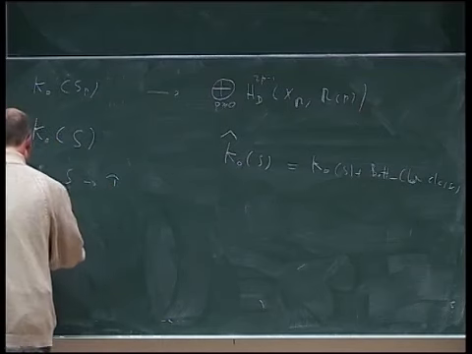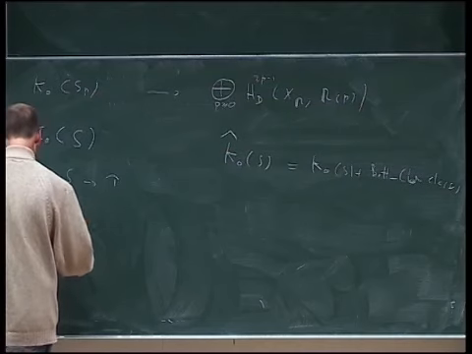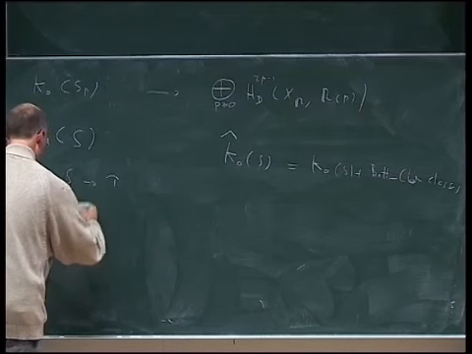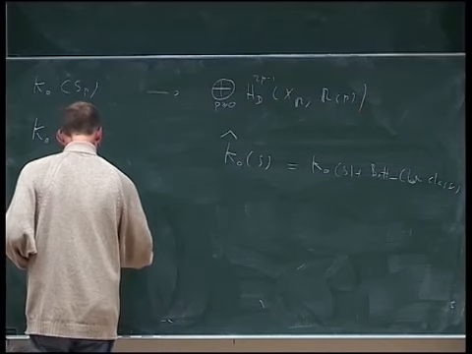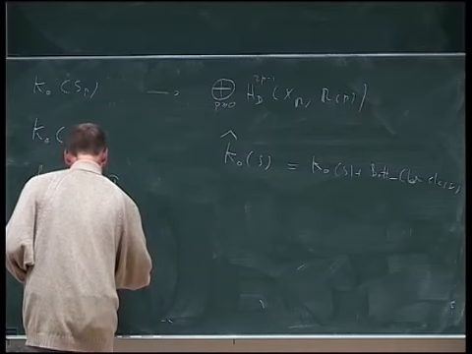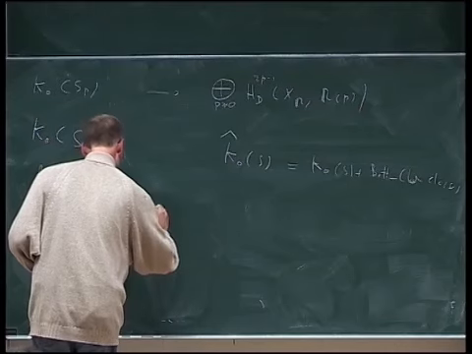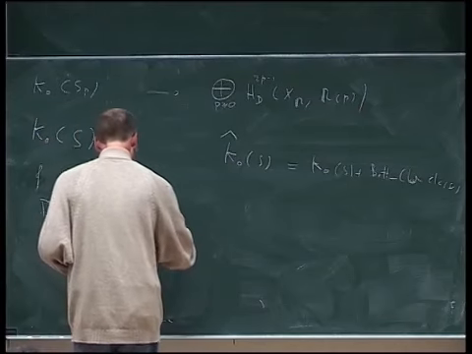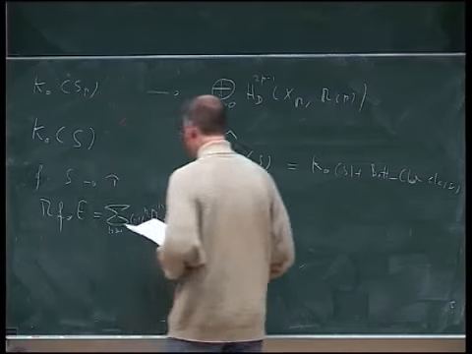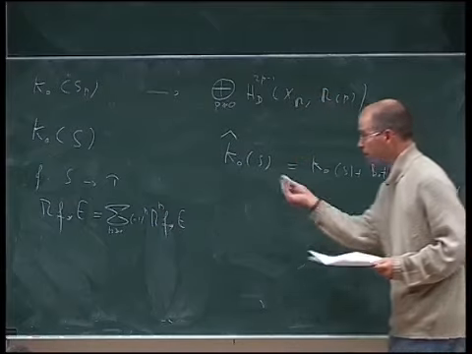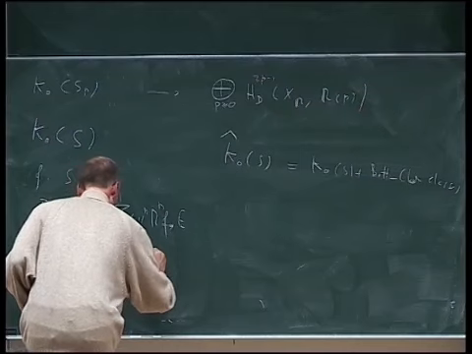Then you have the relative Euler characteristic in the classical case of a vector bundle E, and this is something that lives in the K-theory of T.